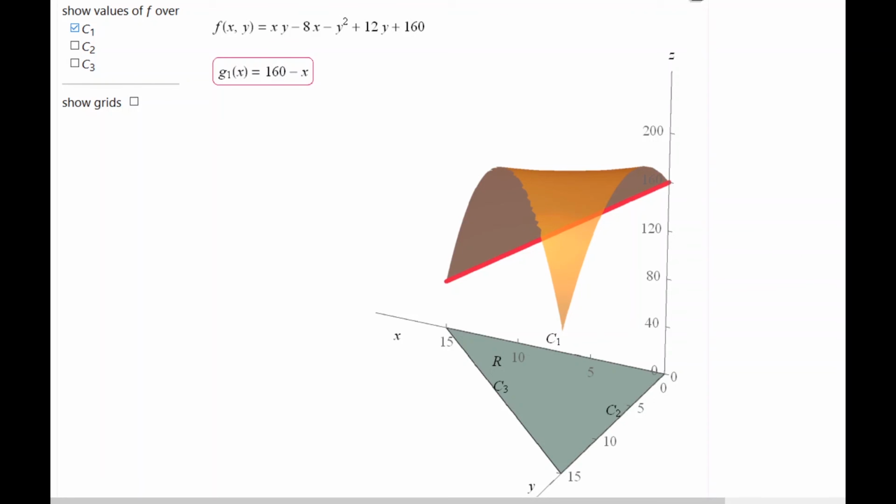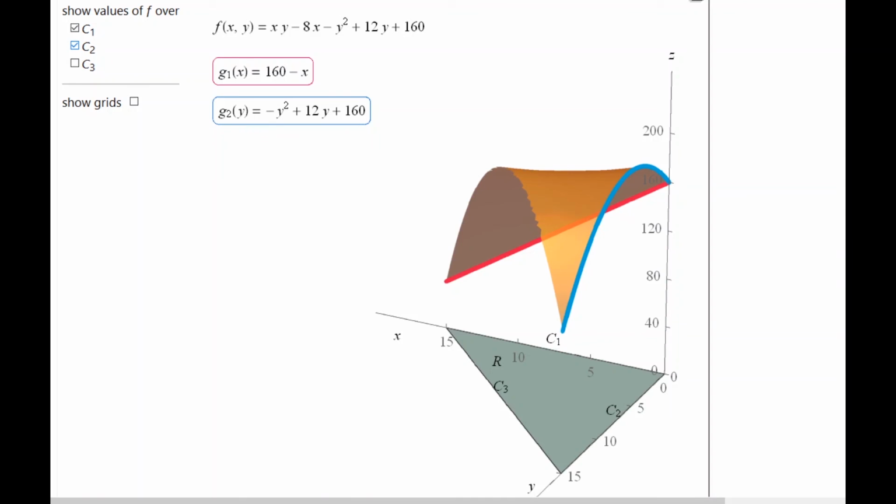Here you see that instead of using the variable t, x is used, and also that's a typo: G1 should be 160 minus 8x, not x. For C2, the boundary function, we use t instead of y, and then C3.